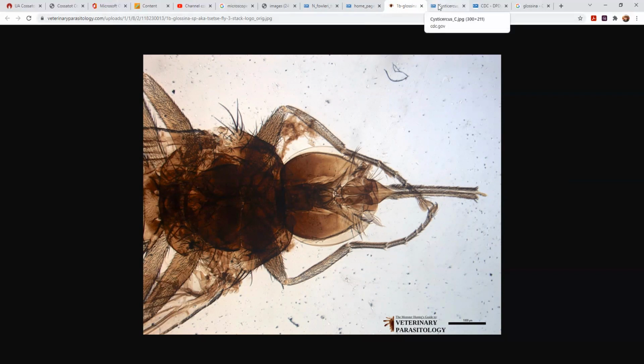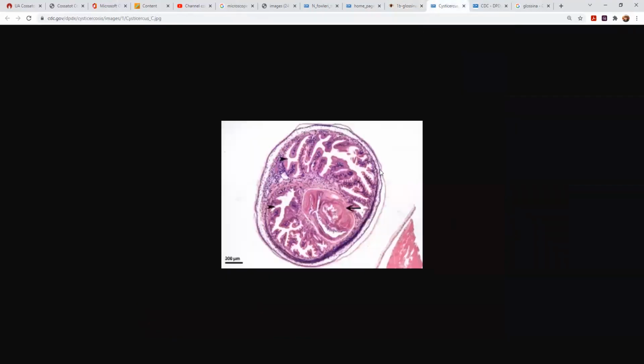And the last one that we have here in lab 25 is the Taenia solium cysticercus. Now, we looked at Taenia pisiformis in lab 22, and we were able to see the structure of the worm and the different parts of the worm.